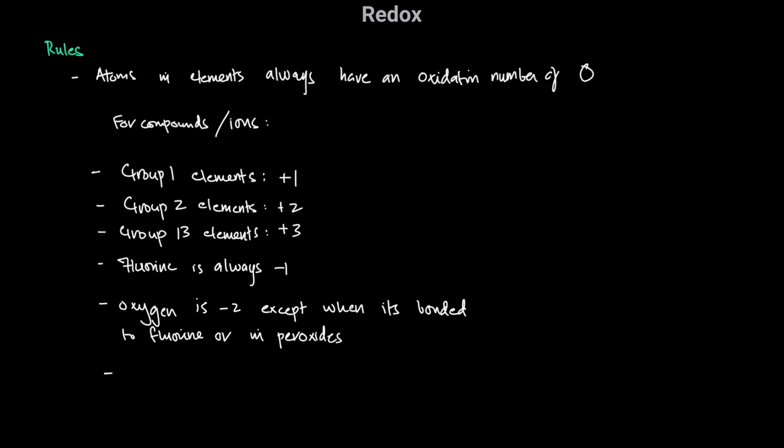Hydrogen has an oxidation number of +1 when bonded to nonmetals, and the oxidation number is -1 when bonded to metals.